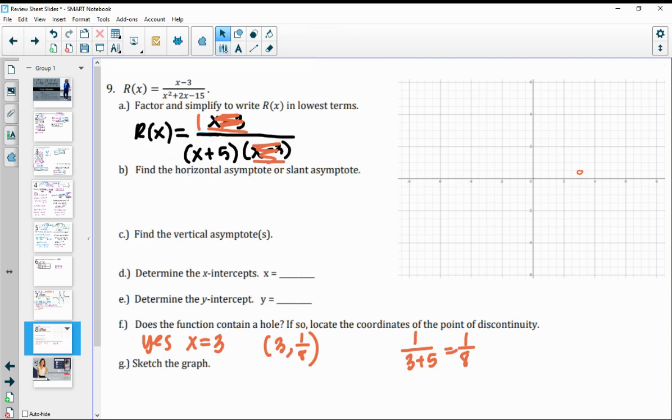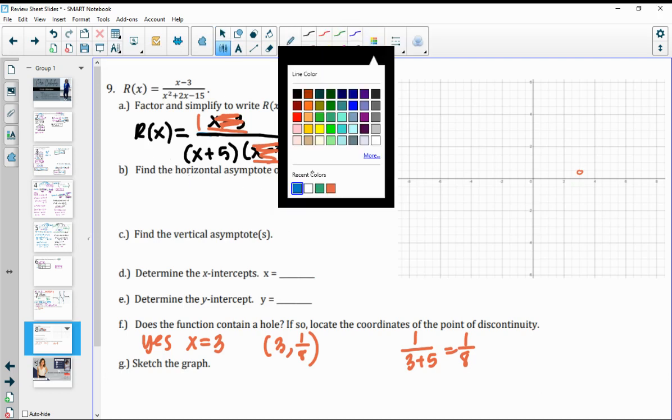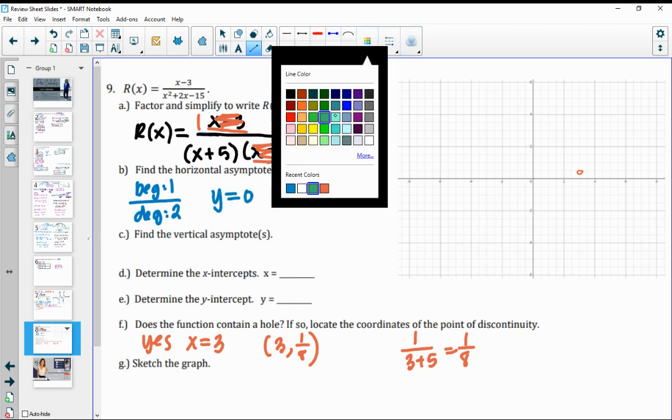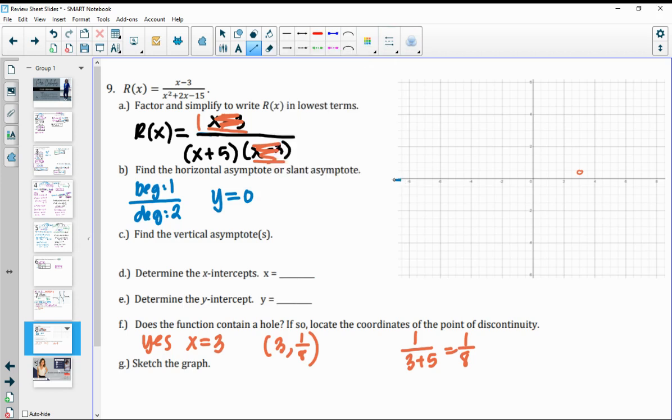So now when you go to find the horizontal asymptote, it's looking at the degree of the top over the degree of the bottom. So the degree on top is 1, the degree on the bottom is 2. So top is smaller than bottom, so the horizontal asymptote is automatically y equals 0. So we'll go ahead and plot that on here.